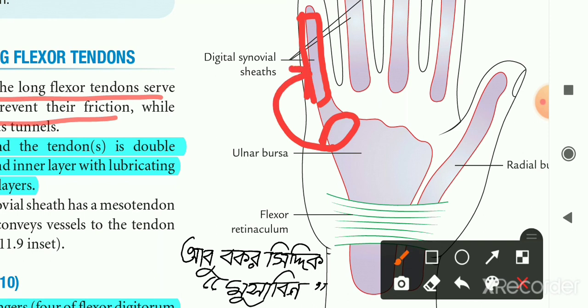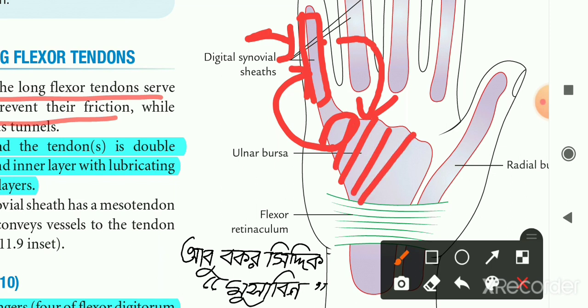So we can say any infection in the little finger that spreads into its synovial sheath will communicate with the ulnar bursa, and the infection may spread onto the ulnar bursa and extend up to the forearm. So it is very dangerous.